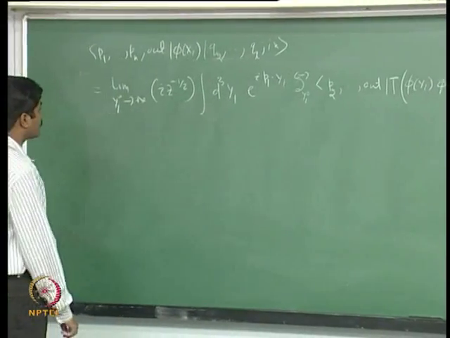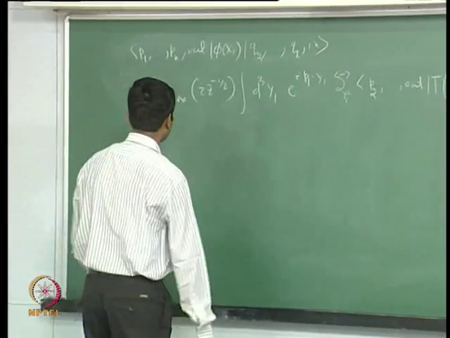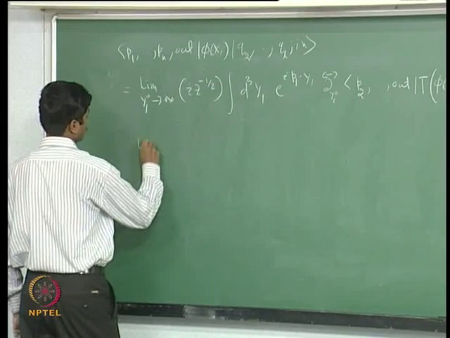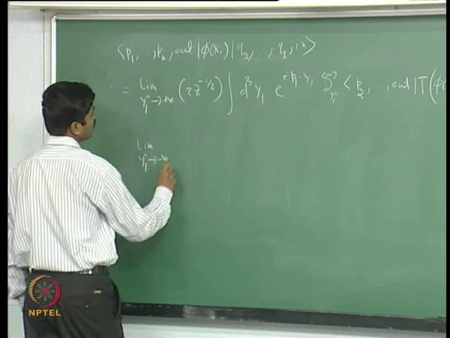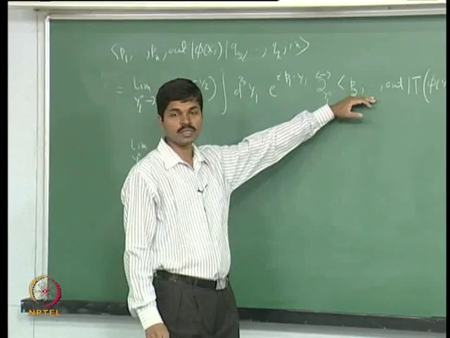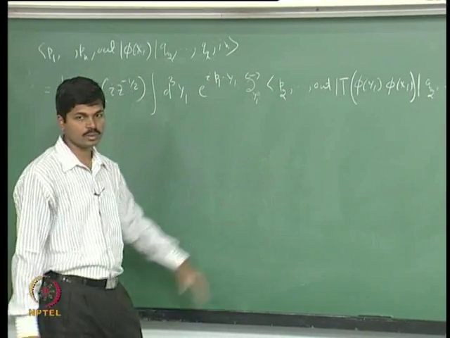Now, what you do is you consider the limit y1 0 tends to minus infinity of the same quantity and you take the difference.